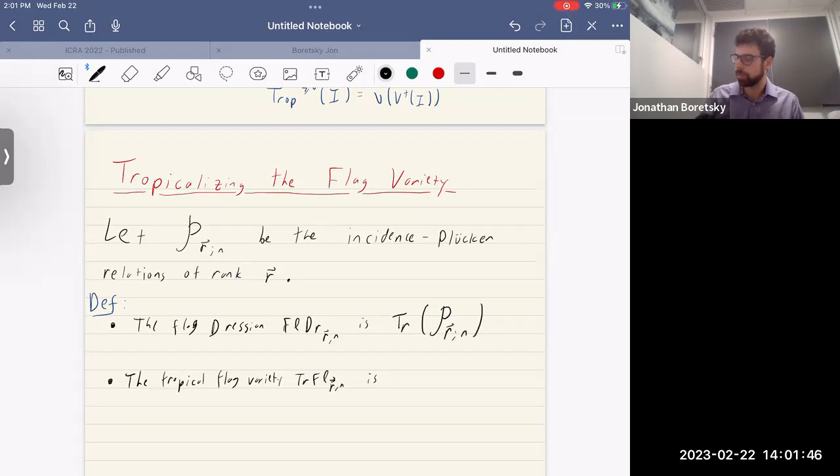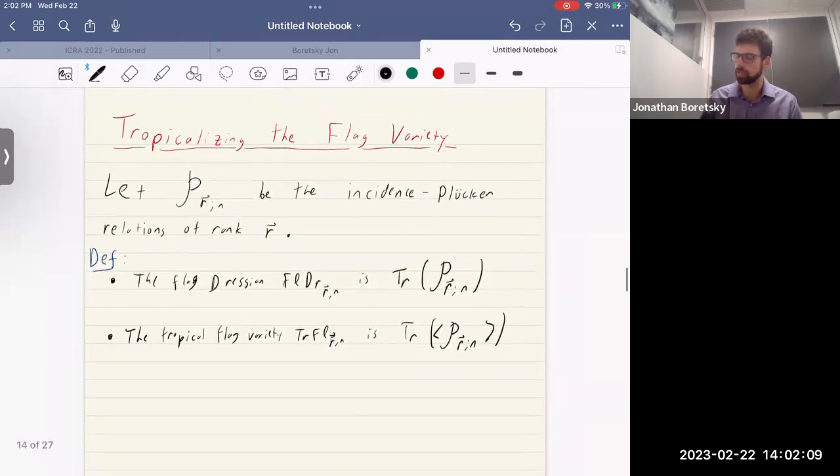And we'll define the tropical flag variety to be the tropicalization of the ideal generated by these polynomials. Okay, and as I cautioned, these are not the same thing. And in fact, the flag Dressian and the tropical flag variety really are different for n as small as 4. You can start to see examples of differences.